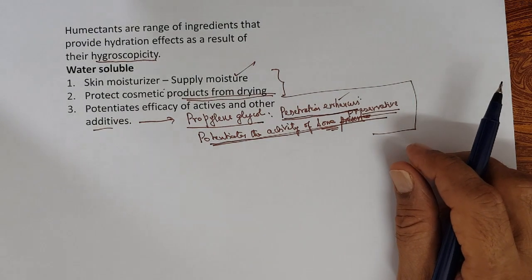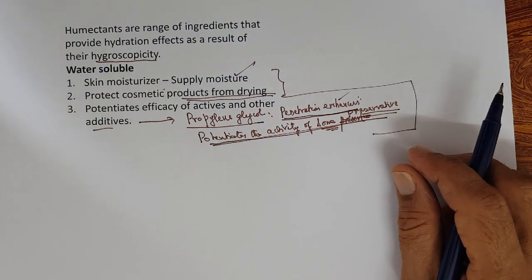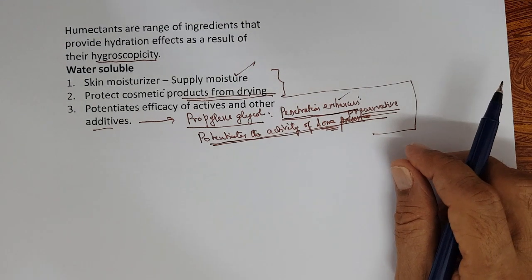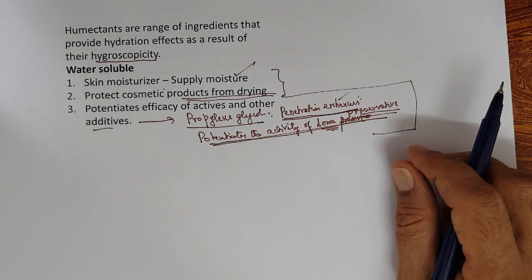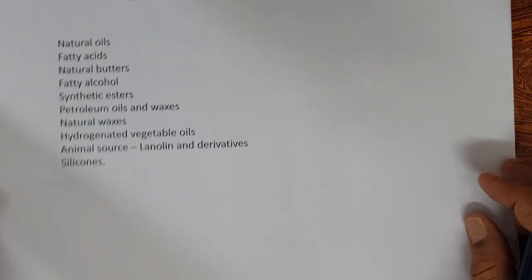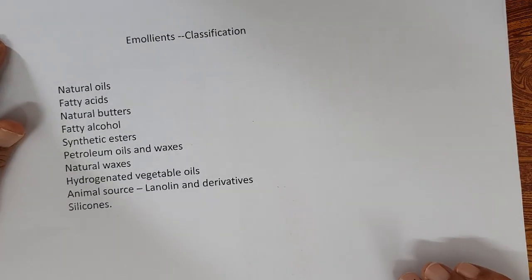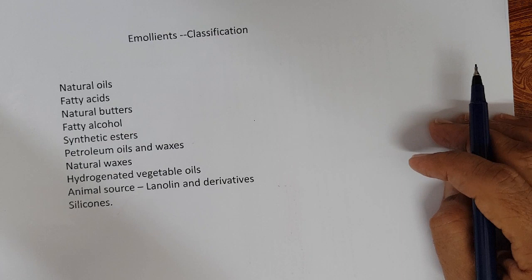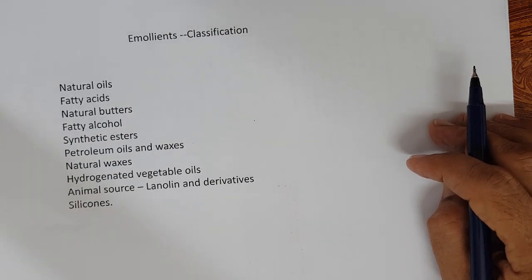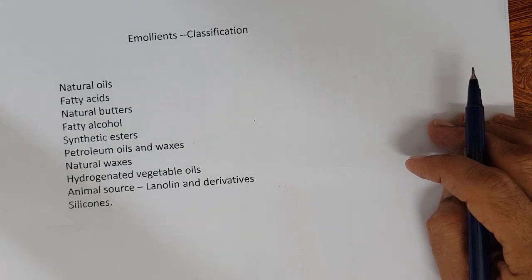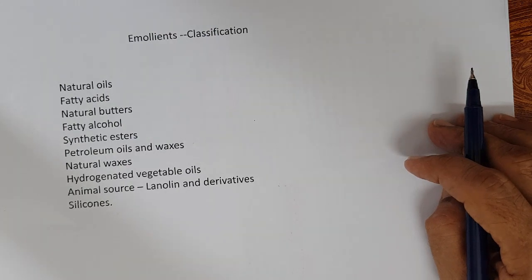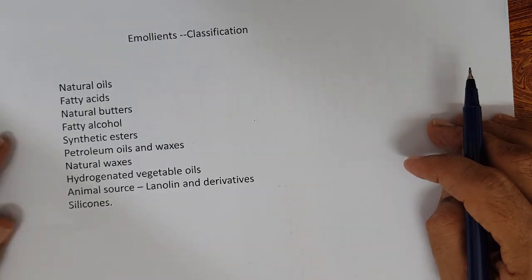So now we have seen the definition of emollients and humectants. Now we will go back to emollients. I am combining these emollients and humectants together because they are very important for skin moisturization, and they perform different functions which we discussed. So that is why I am taking both together.